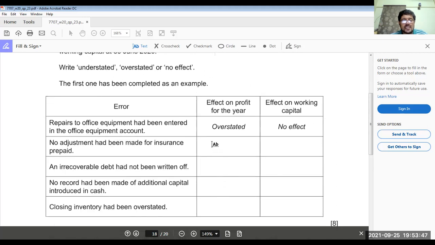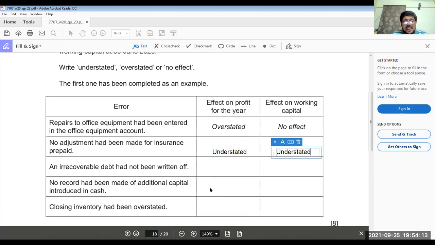So your profit is going to be understated. Getting my point clear? Your profit is going to be understated. And what about your working capital? Yes, one of your current assets is not there, so your working capital is also understated.